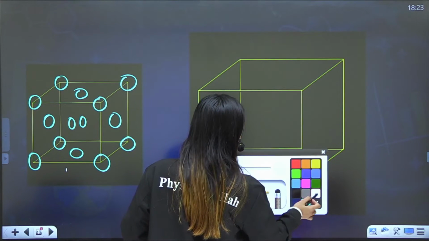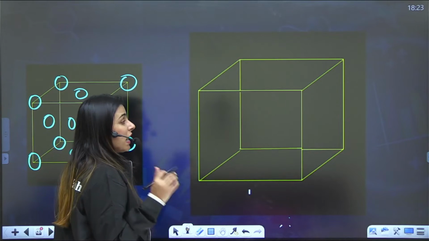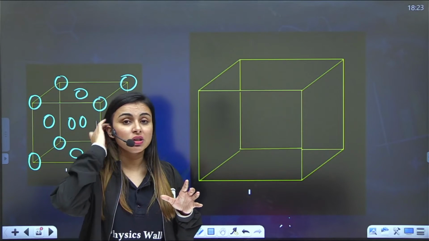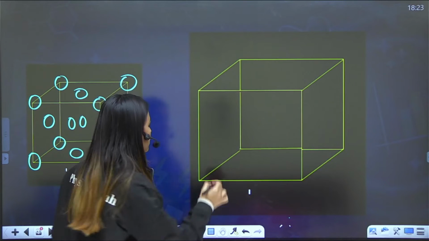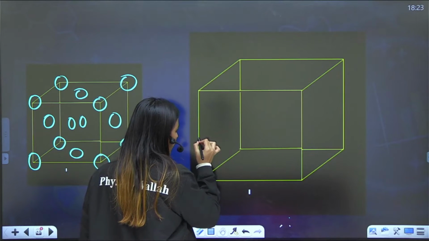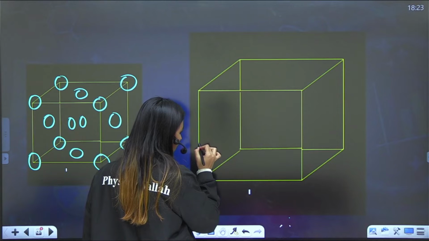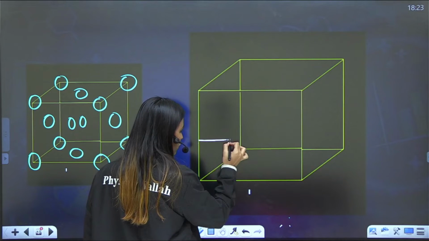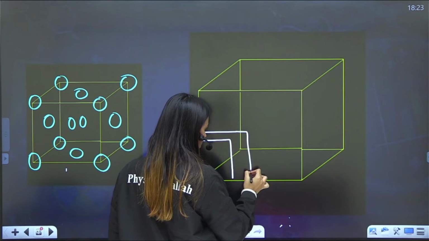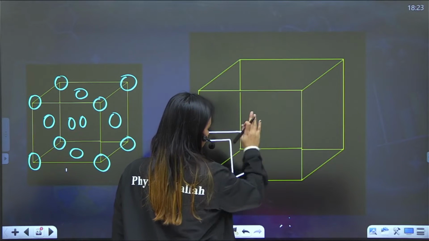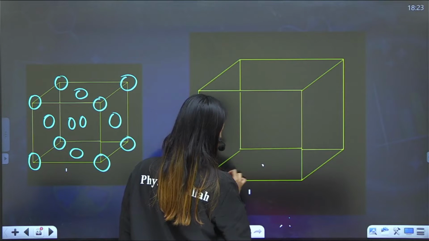How are we going to imagine this now, my dear students? You have to imagine different mini cubes in this one bigger cube. So let me just draw a cube for you. Let's say this is the center.